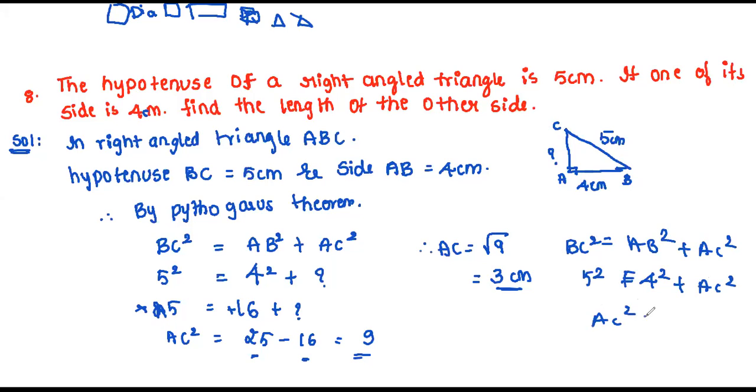So AC square is equal to 5 5s are 25, 4 4s are 16. So it is nothing but 9. So when I remove the square, it will become square root. So the answer will become 3. That's all. Okay. So there is no tricky and all. It's very easy once you understand.